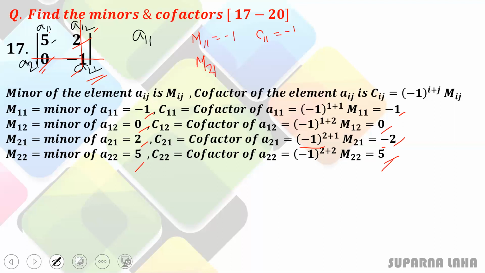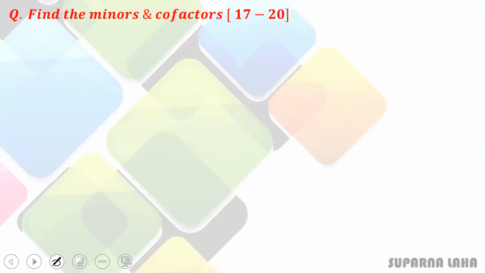So moving to the next problem. Same, the next problem also, that is the matrix minus 1, 4, 2, 3. This is given. You need to find the minors and cofactors. Firstly, this is A11, A12, A21, A22.